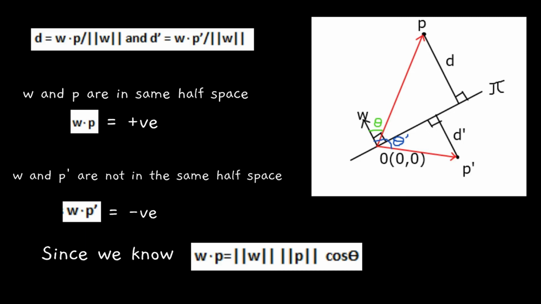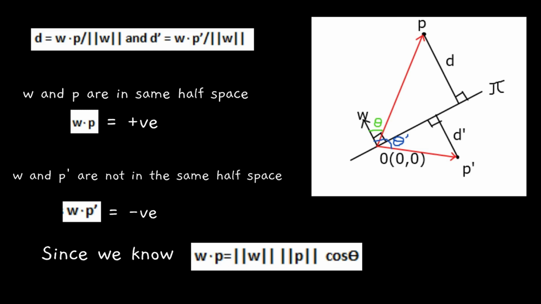Of course, what is a negative distance? It means nothing, right? Because what you actually do, when you have to compute the distance between a point and a plane, is take the absolute value.